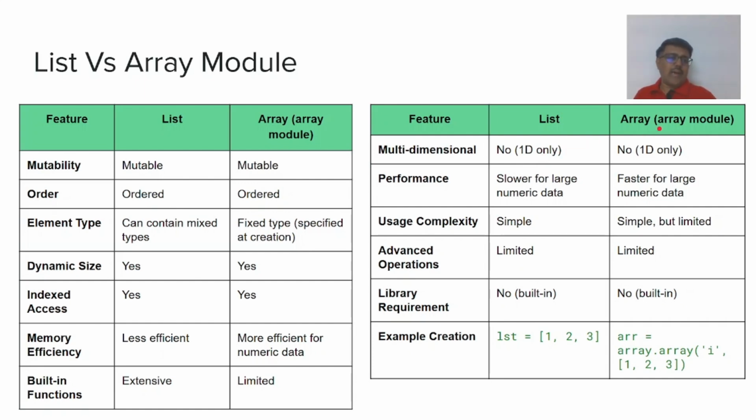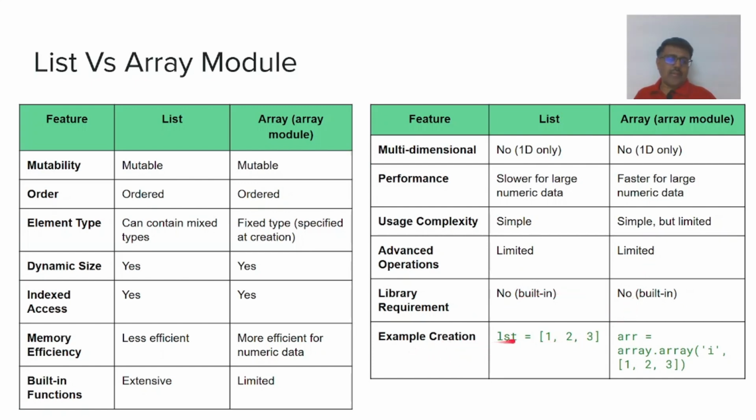Arrays are also a single direction, but what multi-directional means, we'll be learning in data frames and NumPy. On performance, a list will be slower for larger numeric data, whereas an array is faster. On usage complexity, it is simple and limited for both, and advanced operations are limited in both cases. On library requirement, a list is built-in, and the array module is also built-in.